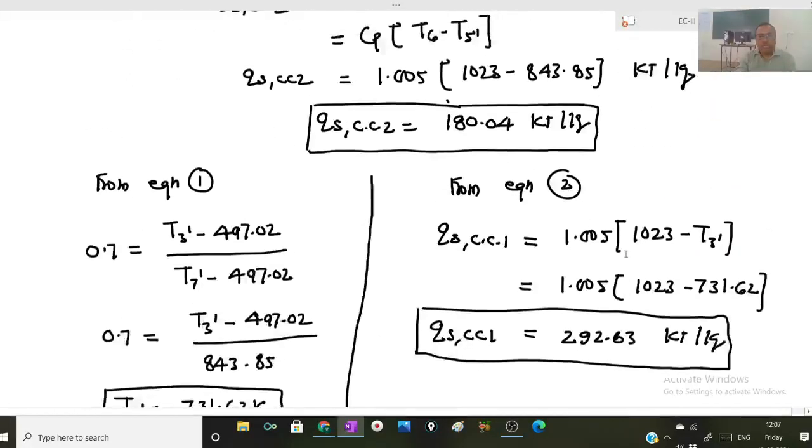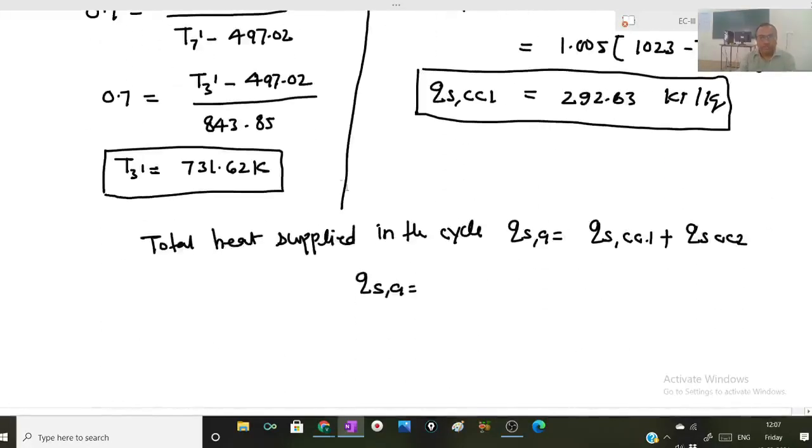QSCC2 was 180.04 and QSCC1 is 292.83. So total heat supplied, does it come 472.88?